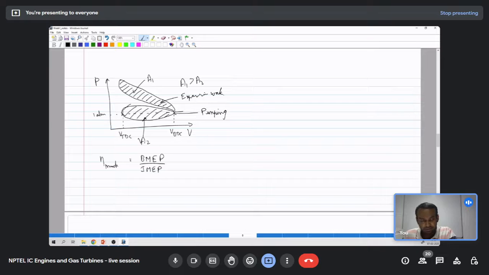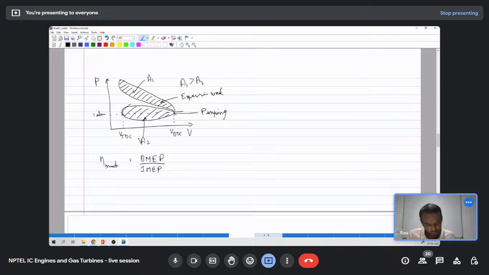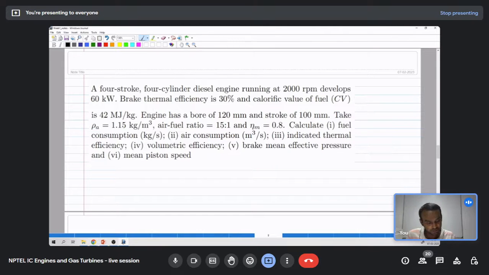And BMEP is just imaginary; we multiply the IMEP with the mechanical efficiency and get the BMEP. So I think I have covered everything that is needed for this problem. Fuel consumption and air consumption will be known earlier. Now we can start solving the problem.